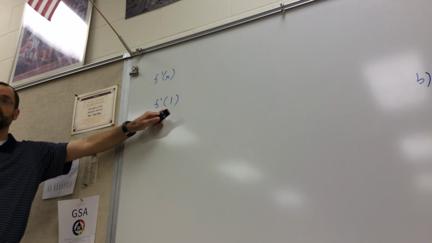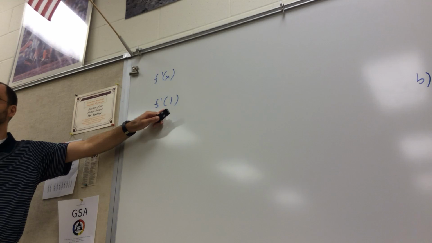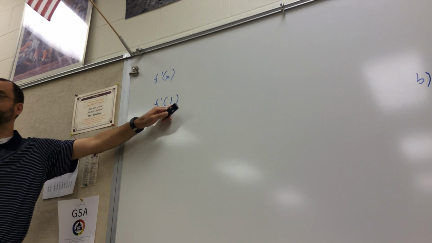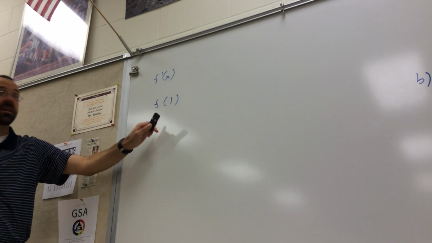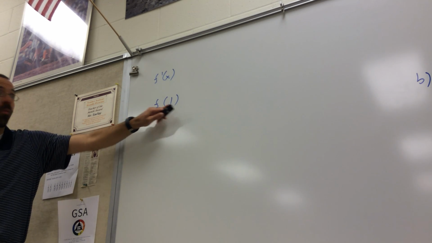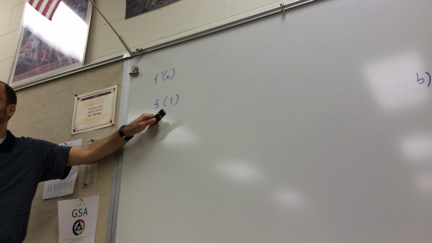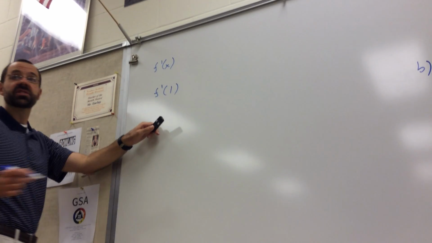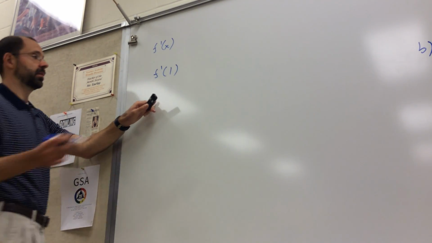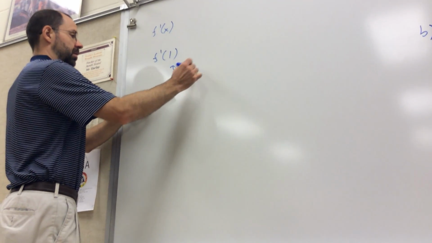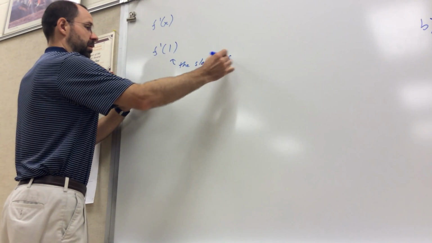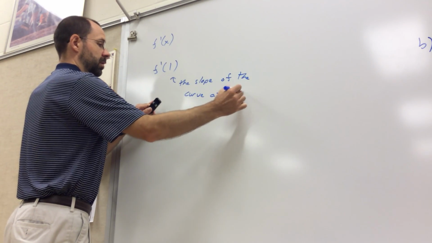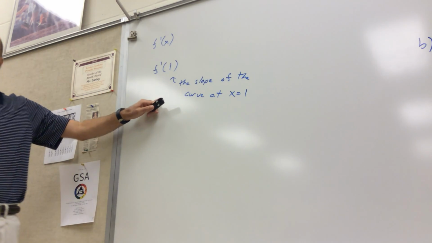Yeah, so the slope of the curve at 1, exactly. And if I put a 7 there, it would mean the slope of the curve at 7. Without the tick mark, it means the height of the curve at 1, right? So what the y value is. But with the tick mark, it means the slope of the curve at 1.